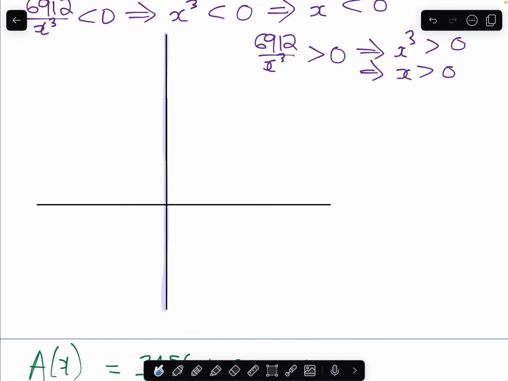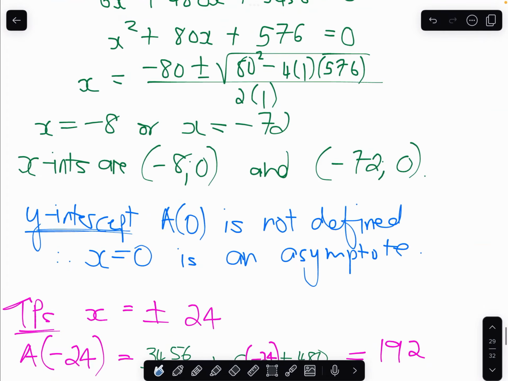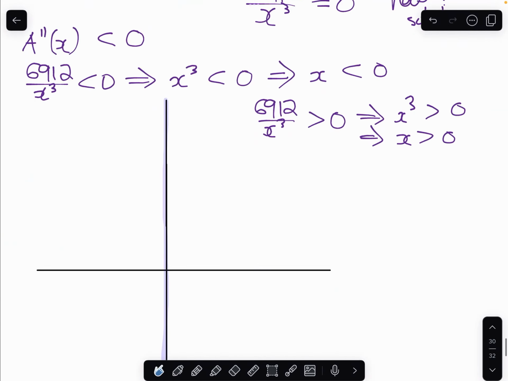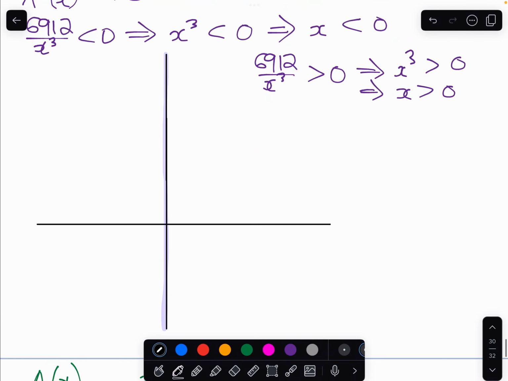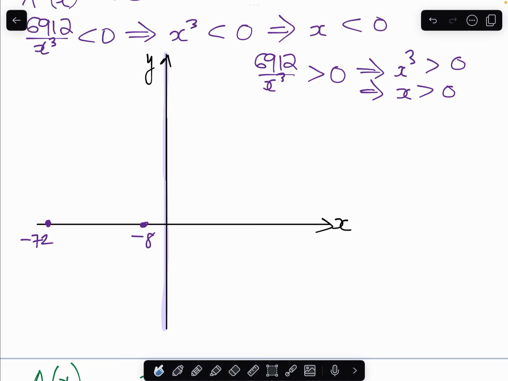Okay, next up, let's draw our x-intercepts. Also, let's label our axes. Our one x-intercept is at -8. The other one is at -72.